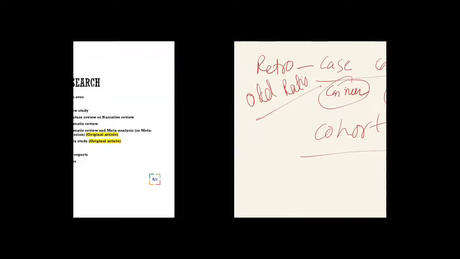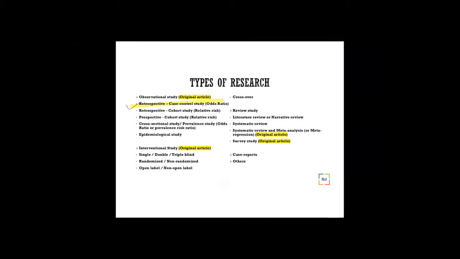Now the third type of study we have is cross-sectional prevalence studies. Many studies are cross-sectional prevalence studies. As I mentioned, the cross-sectional prevalence studies will give you again a risk ratio.